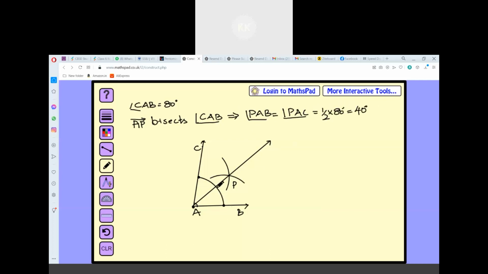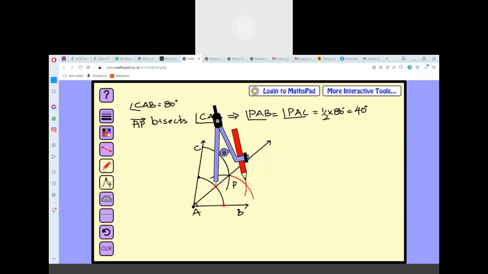Now you have to bisect this angle. For doing that, I will take the use of compass again. I would like to change the ink color. Now I will cut arcs. This is one arc. इसको center लेके you will make one more arc so that they bisect each other.